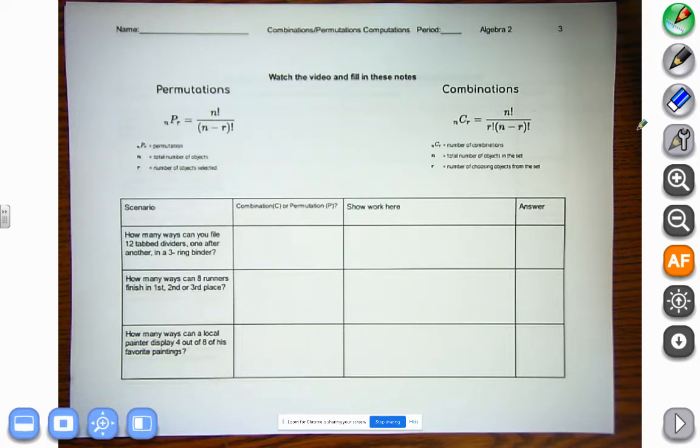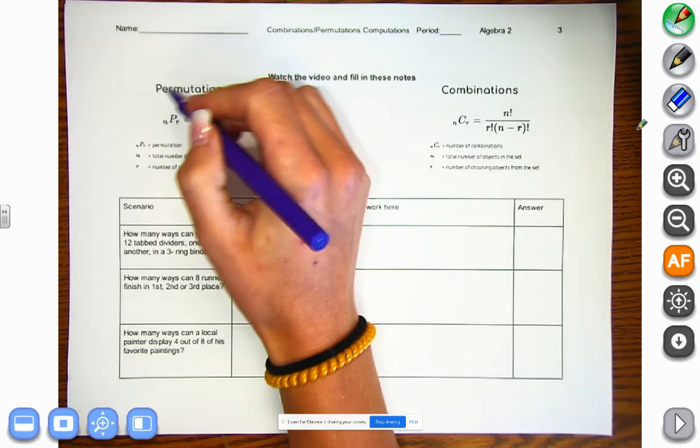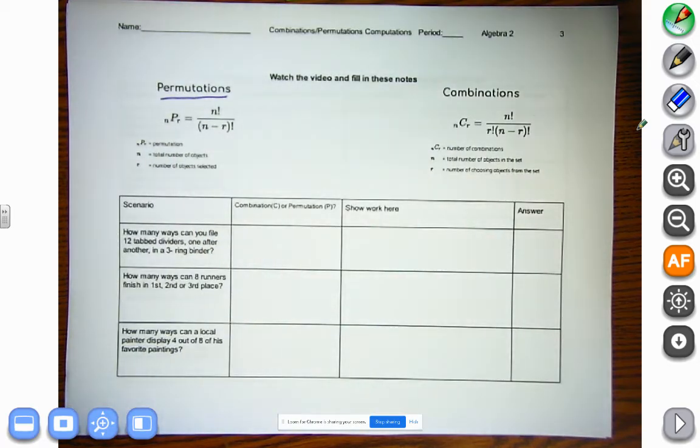Okay, and we will talk about that with our first example when we're solving for it. So permutations and combinations each have their own formulas. If you notice on the left we have our formulas for permutations. The good news is we're going to be using our calculator.